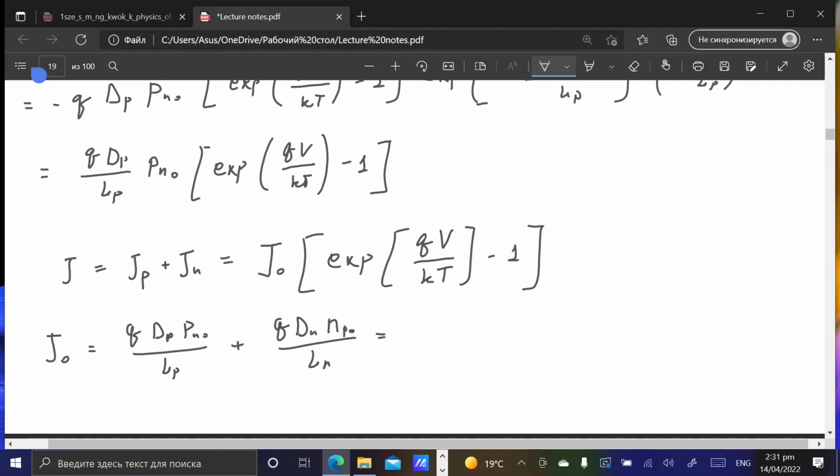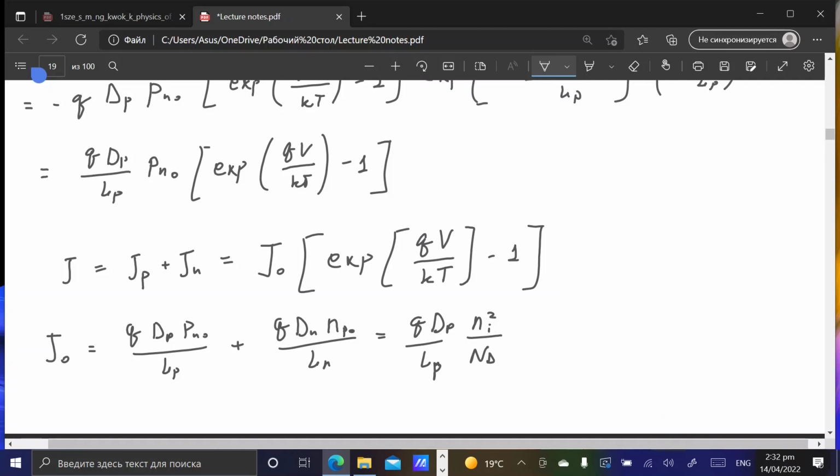Or we can express these minority charge carrier concentrations in another form. It will be Q times DP divided by LP, and here it will be ni squared divided by Nd, the concentration of donor centers in the n-type semiconductor, assuming that all of them are ionized at the given temperature.